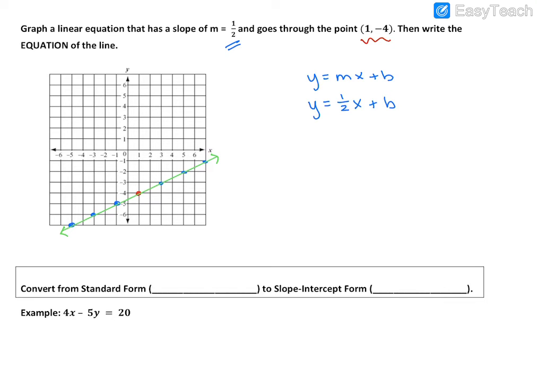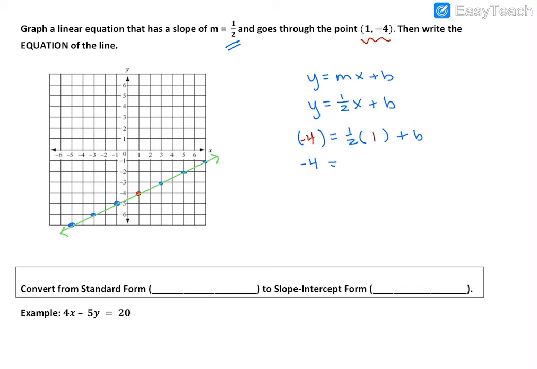So the x that I know is 1. So I'm going to fill in. The y will be here, 1/2. My x is going to go here, plus b. The x that I know is 1, so I'm replacing x with 1. I'm going to replace y with -4. And then I'm going to figure out what b would make this equation true.